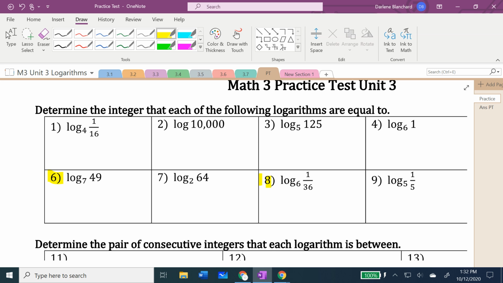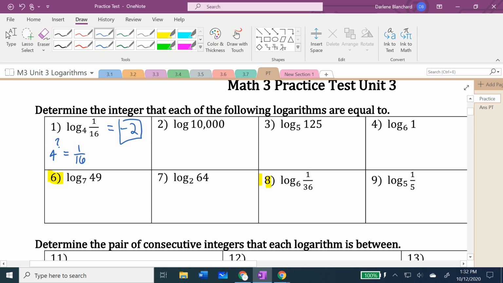I do want you to be able to look at these logarithms and know what number they are. And what you're asking yourself is, what is the exponent on that base that will give you what's inside the logarithm? Negative exponents create denominators, and 4 squared is 16, so this is -2.